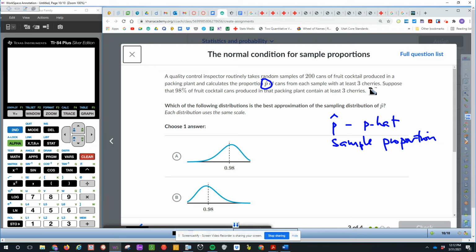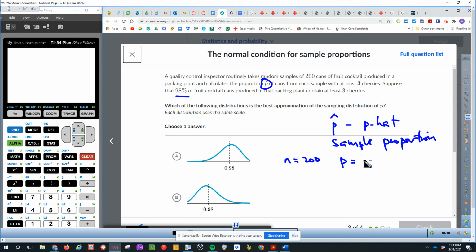Suppose that 98% of fruit cocktail produced in that packing plant contains at least 3 cherries. So that's their claim. Which of the following distributions is the best approximation of the sampling distribution of the sample proportion? Same idea. n is 200, the sample size.